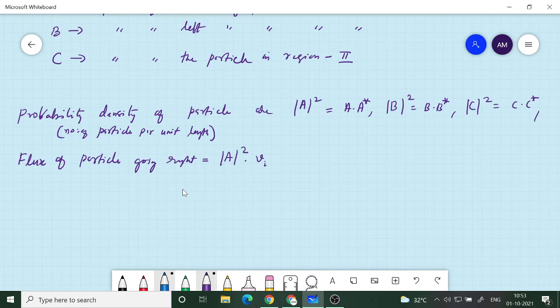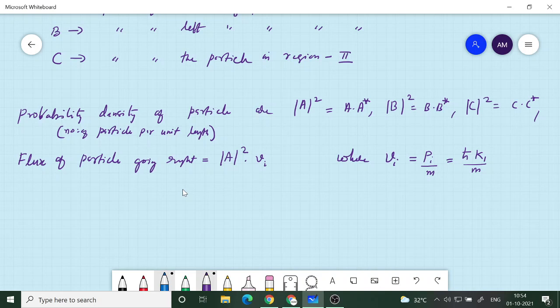That will be basically momentum by m, where the incident velocity is going to be p incident, the momentum, divided by m, which is basically what? In region 1 the momentum is basically h cross k1, so the velocity is h cross k1 by m.